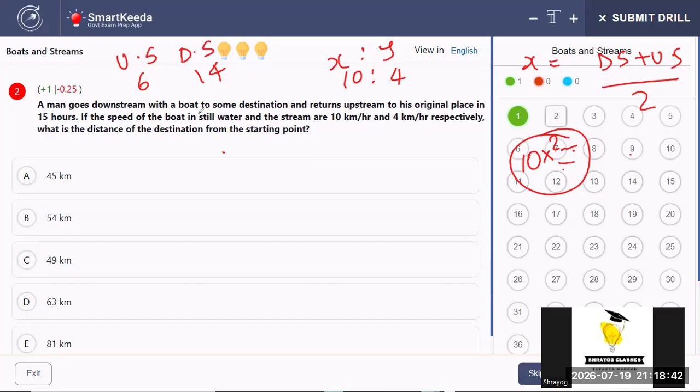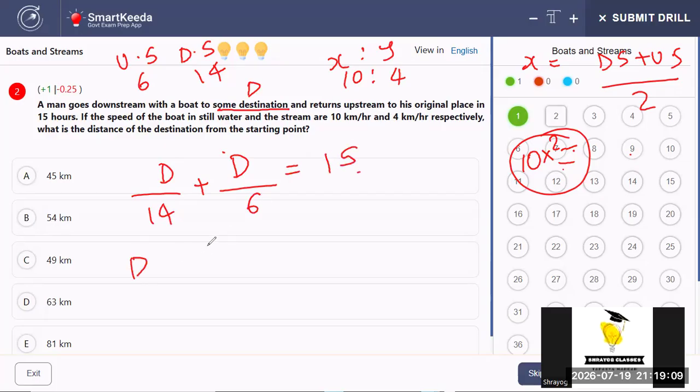If the speed of the boat in still water and the stream is given respectively, what is the distance between the destination? So if the man moves downstream with the boat to some destination, let that destination be denoted as A, and returns upstream. The time taken for both is 15 hours.